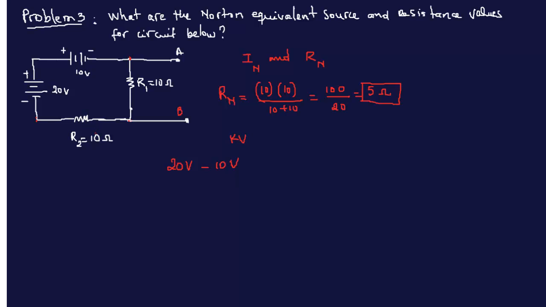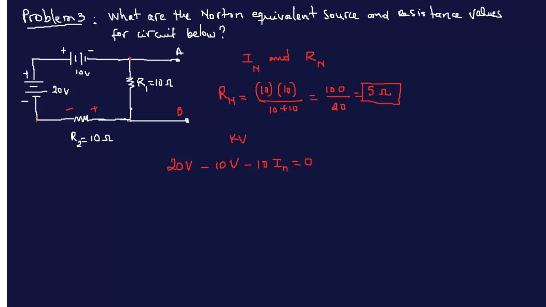We'll have R2, so this is a plus to minus, so there's a minus sign, 10 IN, equals to 0. So there's a short circuit.